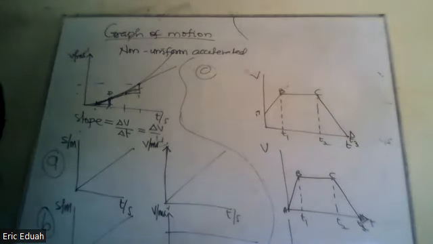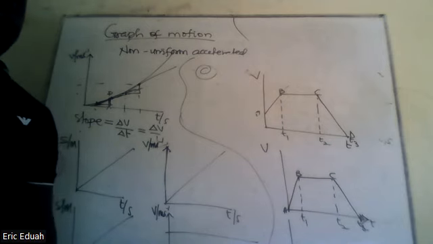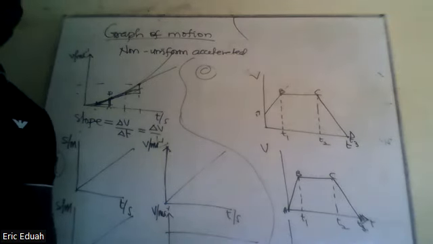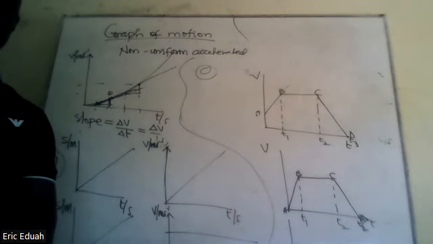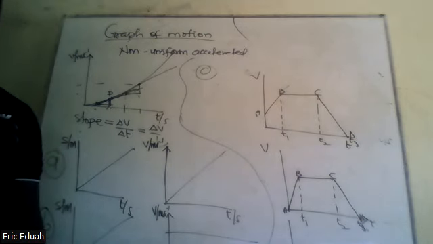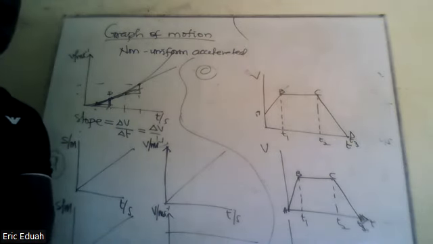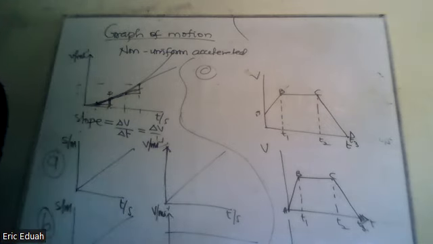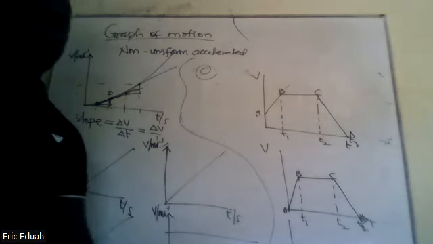Then it moves with a constant velocity from point B to point C within the time interval t1 to t2. Good. When it reaches the point C, it decelerates uniformly to a point where it rests within the time interval t2. That's all.